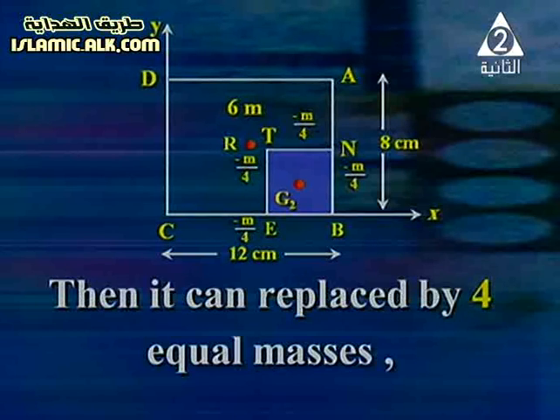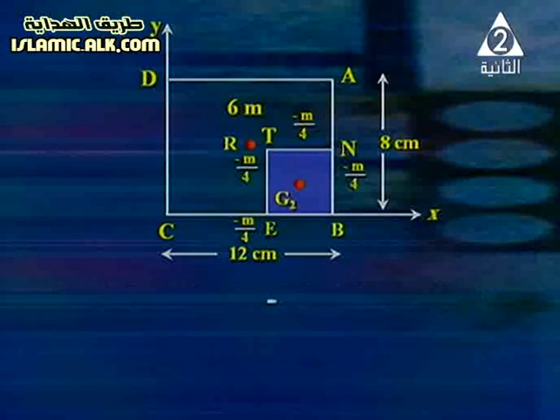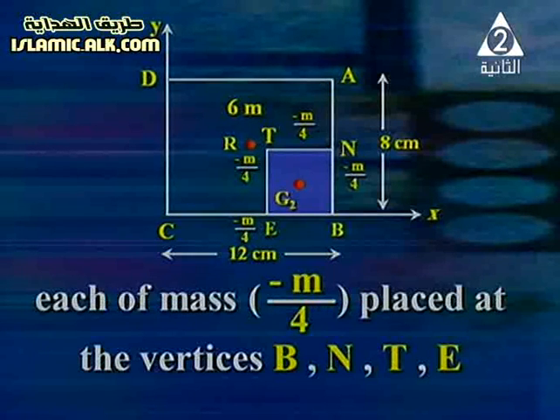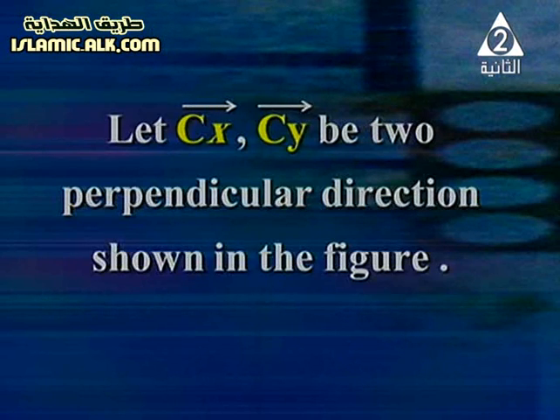Because 4 equal masses at the 4 vertices, each mass negative m over 4, negative quarter m, placed at B, N, T, and E. The mass of the square is m. Each of mass negative m over 4 is placed on the 4 vertices of the square B, N, T, E. Then let's see x, y, two perpendicular directions shown in the figure.